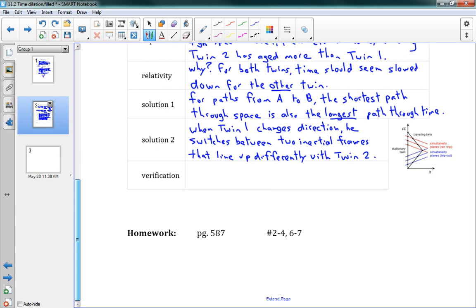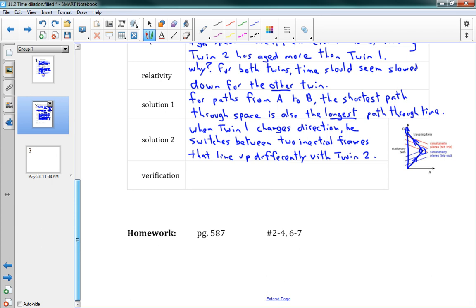So you can see the picture to the right here of what's happening. We have the stationary twin just going straight here, not moving from their perspective. And the other person is going away and then coming back. Okay, and so going away and coming back, even though going away is an inertial frame and coming back is inertial, that switch here is where things get changed. So you can see we have these lines where time lines up.